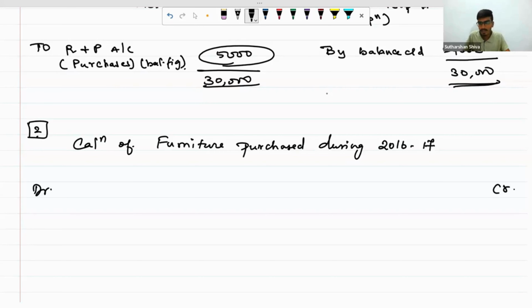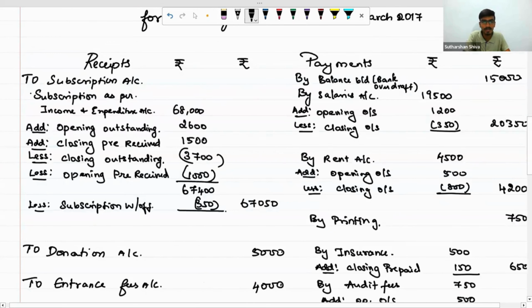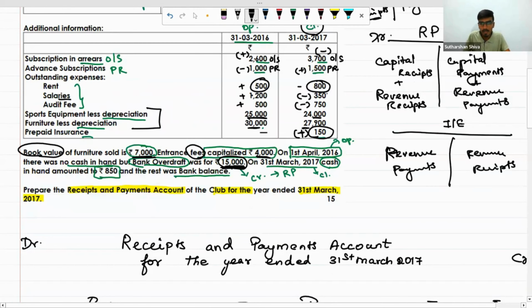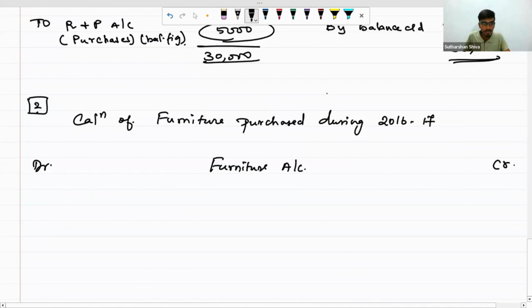Debit, credit we will put, and it is the furniture account. So we will just put the formalities. What are the formalities they have given? Opening, closing they have given. Here they specifically use the words less depreciation. So we will put it. I will write rupees and rupees. This is going to be my particulars.